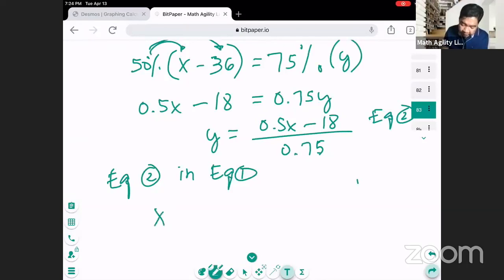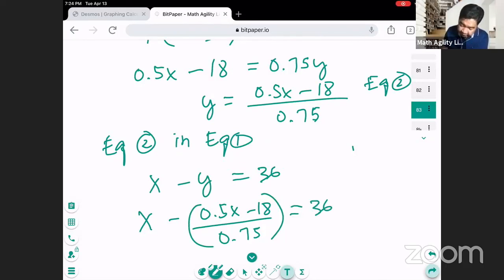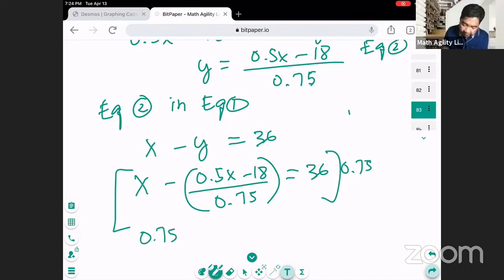So originally it's x minus y equals 36. So this would be x minus 0.5x minus 18 over 0.75, right? Equals 36. So I multiplied everything by 0.75. So 0.75x minus 0.5x minus 18, plus 18, right?